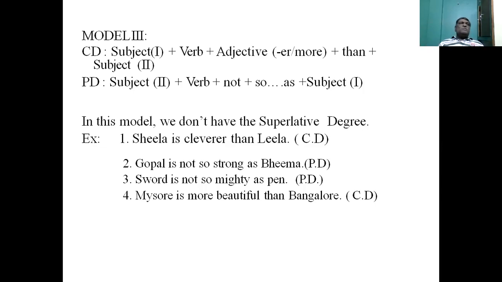You can't really say who is cleverer than the other. But when you say Sheila is cleverer than Leela, the positive form is Leela is not as clever as Sheila. Understand? So that's how we change this form into positive.